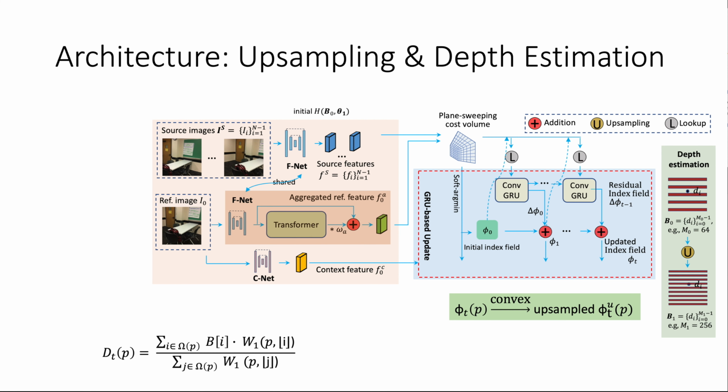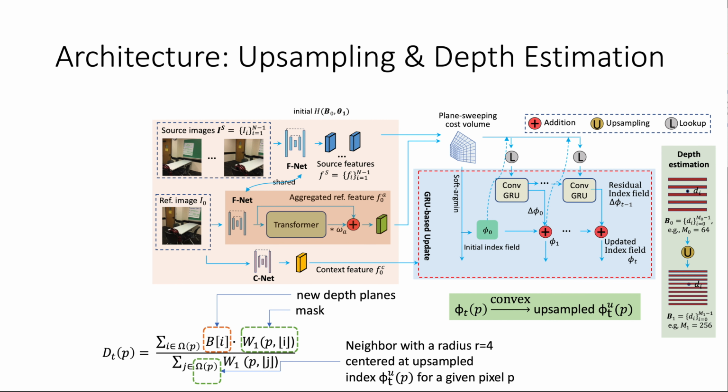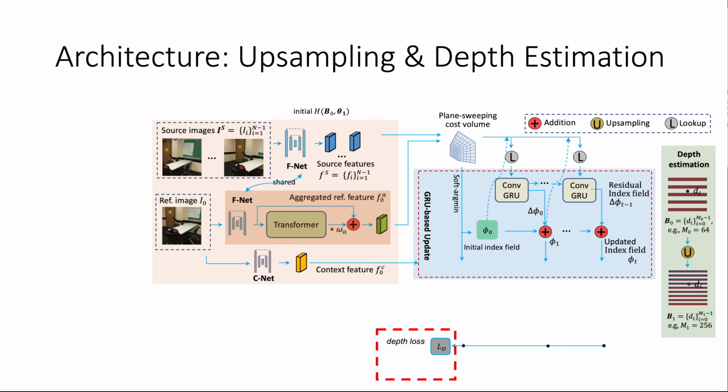Then, given the new depth planes and a mask, the final depth is formulated as the weighted summation within a neighborhood of the predicted index. The loss is accumulated between the ground truth and the depth estimated by each iteration.